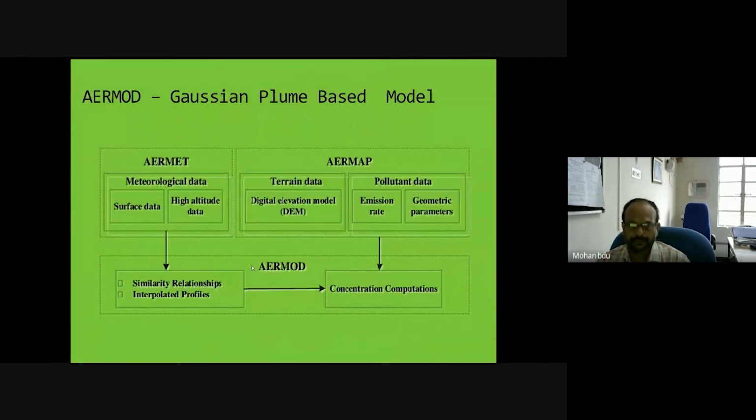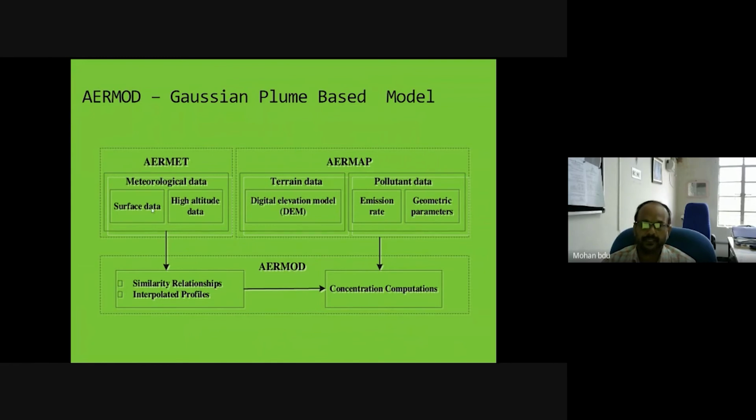So here AERMOD is the most widely used model for point source dispersion. It has two components: AERMET and AERMAP.